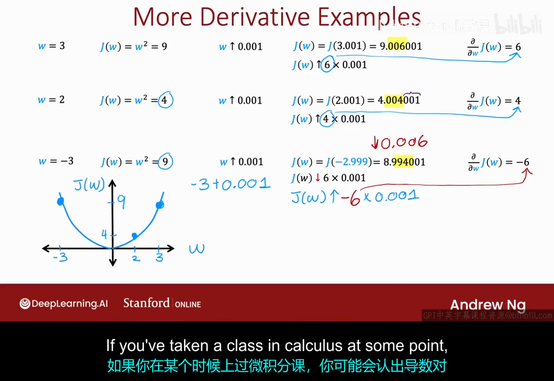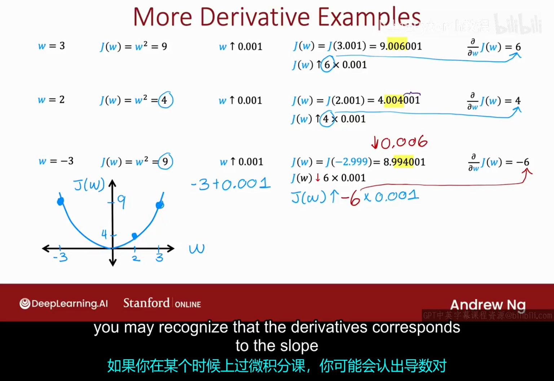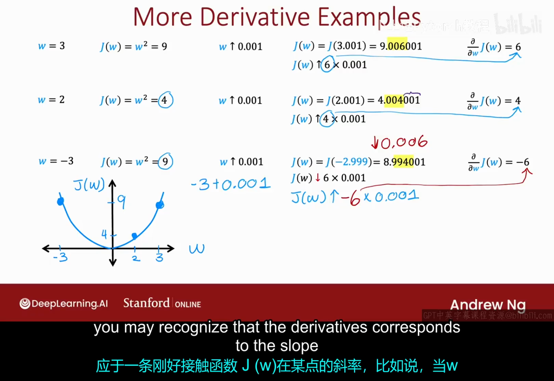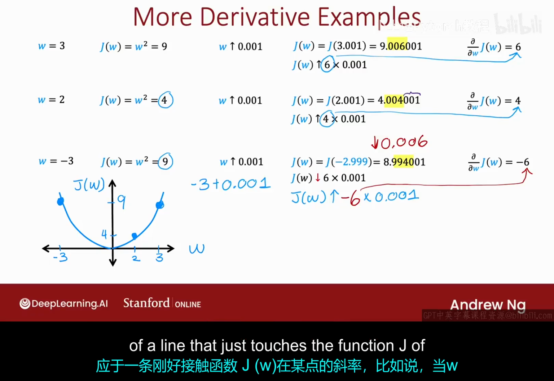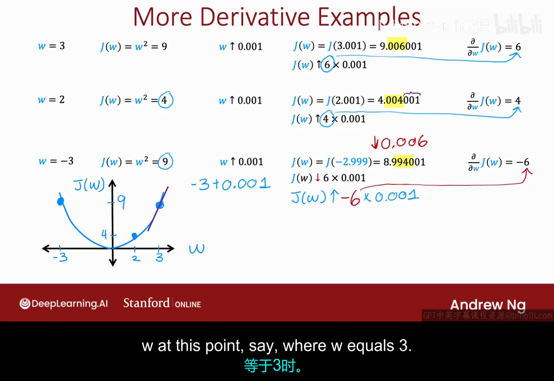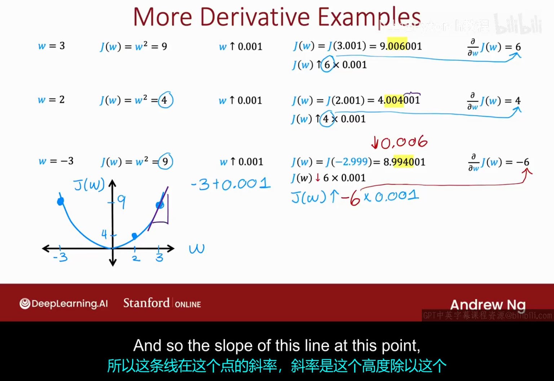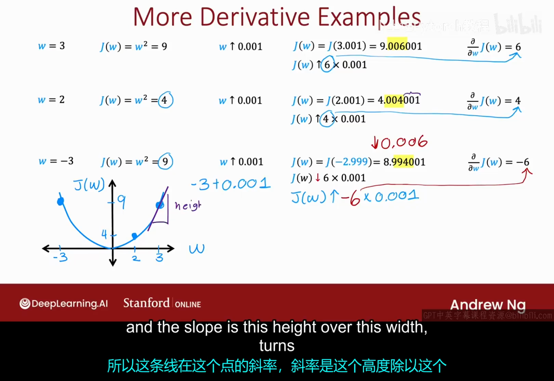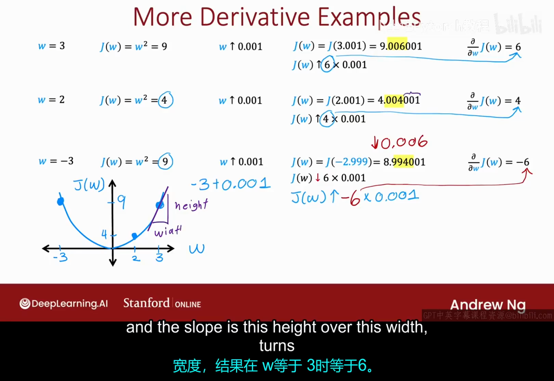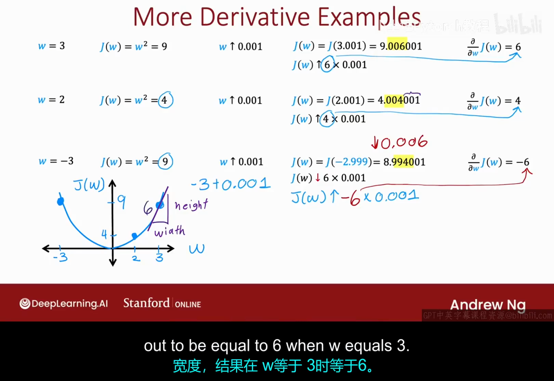If you've taken a class in calculus at some point, you may recognize that the derivative corresponds to the slope of a line that just touches the function J of w at this point, say where w equals 3. And so the slope of this line at this point, and the slope is this height over this width, turns out to be equal to 6 when w equals 3.